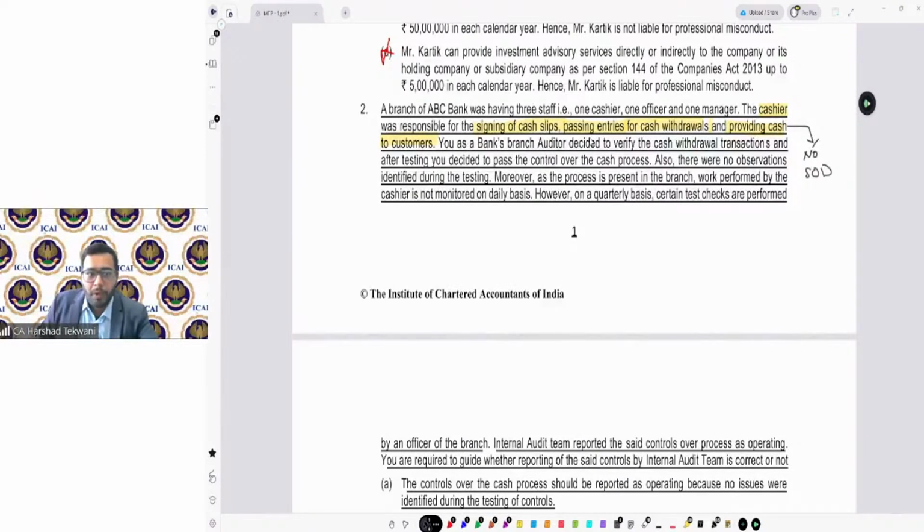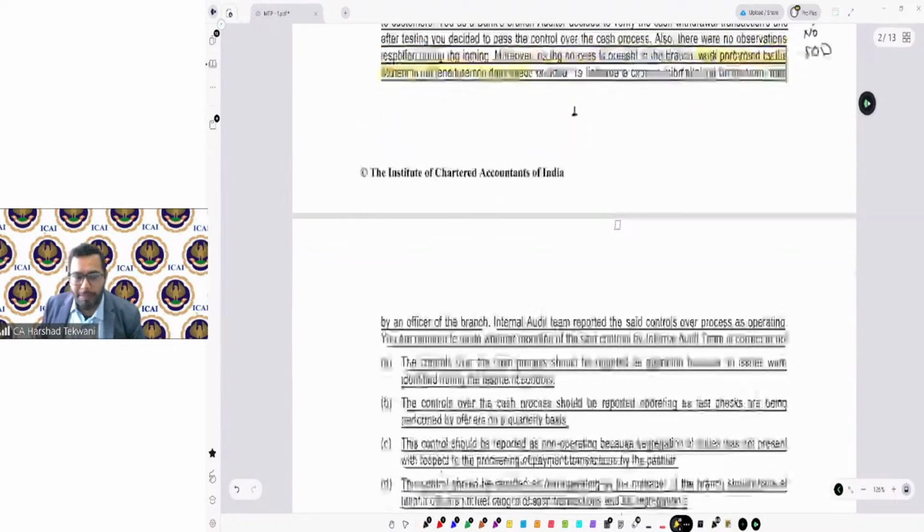The rest of the things: they have performed the tests and there were no observations identified during the testing. Moreover, the work performed by the cashier is not monitored on a daily basis. It was monitored on a quarterly basis based on certain checks. So daily monitoring is also not being performed.